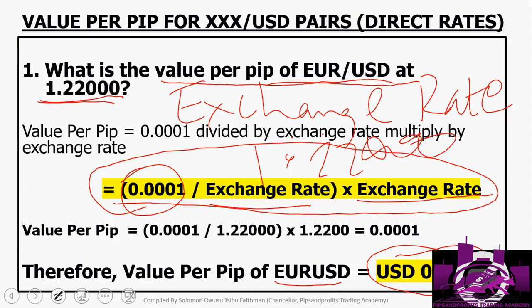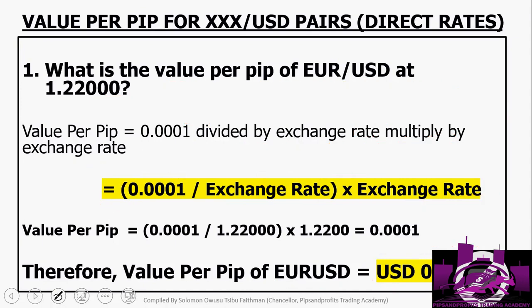Okay, let me take it once again. If you are being given, what is the value per pip of Euro USD at this particular price point, at 1.220?